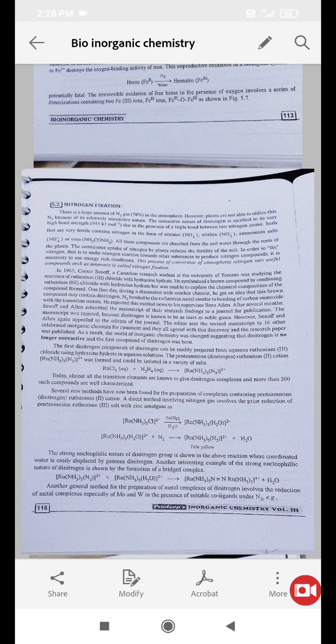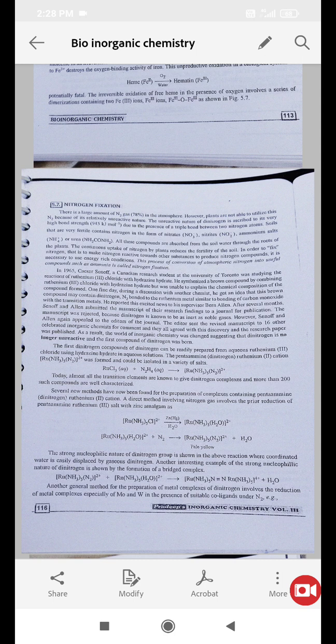The first dinitrogen compound can be readily prepared from aqueous ruthenium chloride using hydrazine hydrate in aqueous solution. The pentaammine ruthenium cation was formed and could be isolated in a variety of salts. Today, almost all the transition elements are known to give dinitrogen complexes, and more than 200 such compounds are well characterized.